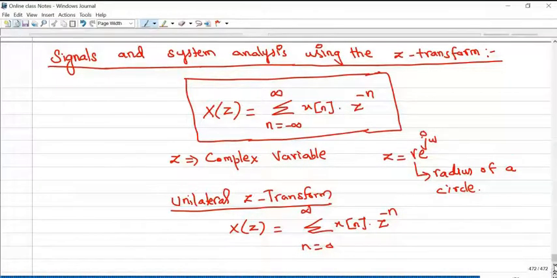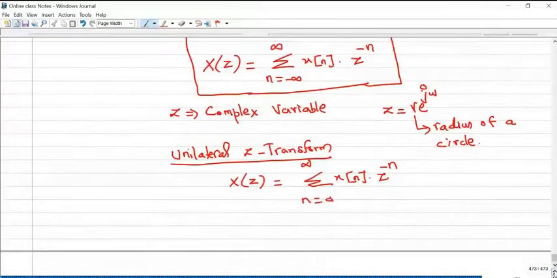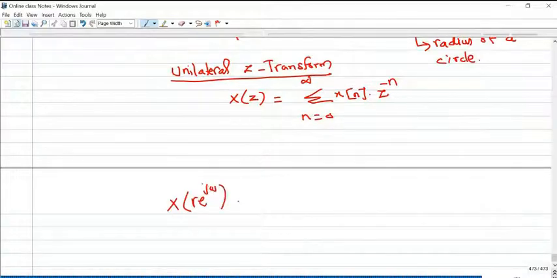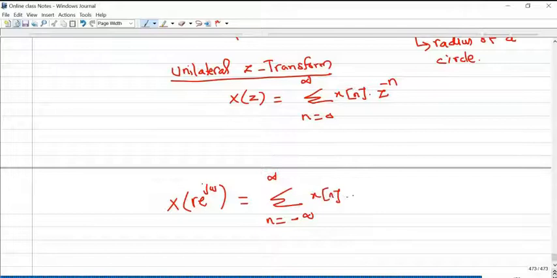Now, what is the relation between DTFT and Z transform? Z is replaced by Z equal to R into e power j omega. So X of R e power j omega equal to summation n equal to minus infinite to infinite x of n, with Z replaced by R e power j omega, Z power minus n.